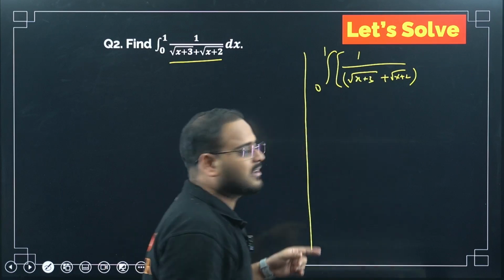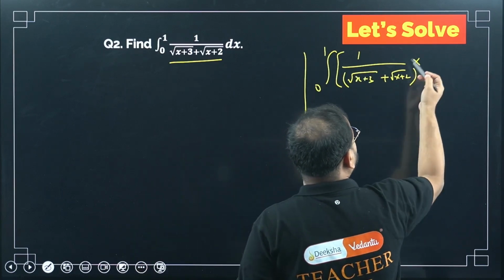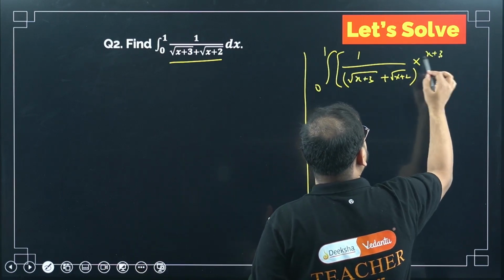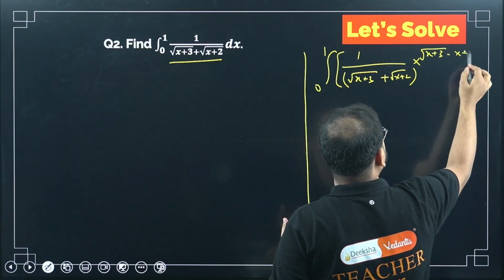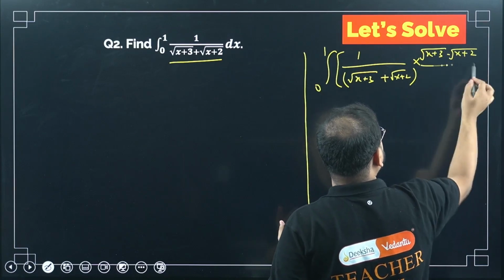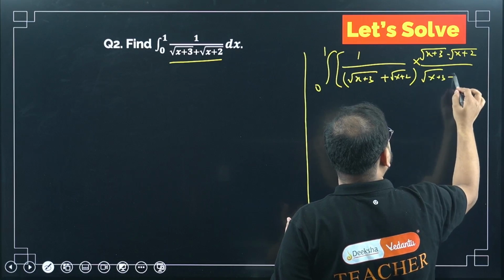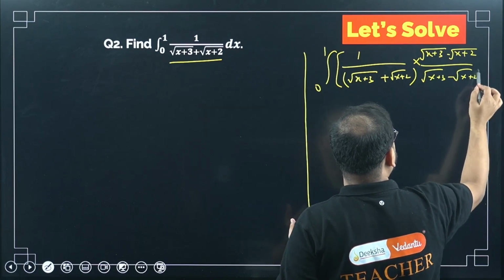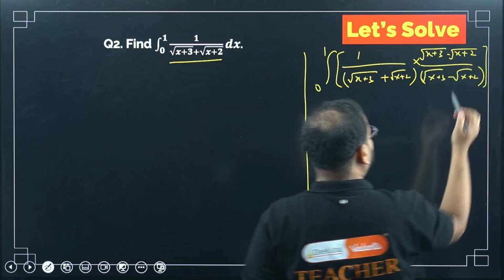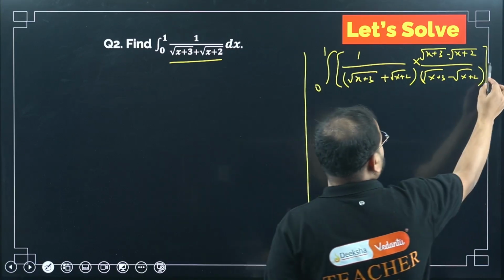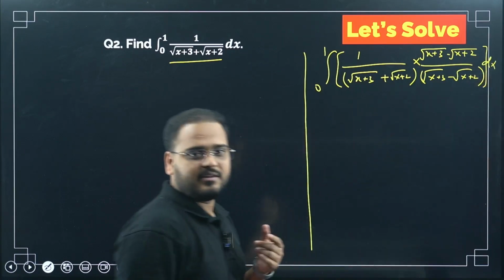After rationalizing this part, what am I going to do? Multiply it with the numerator, root of x plus 3 minus root of x plus 2, and the same thing over here, root of x plus 3 minus root of x plus 2 in this bracket. And dx is there.